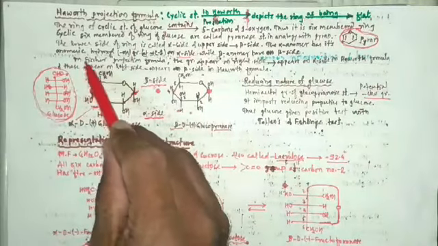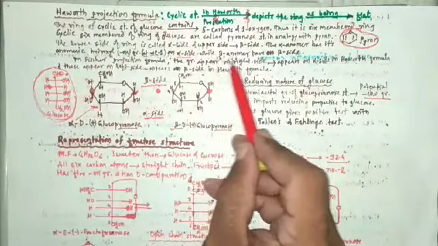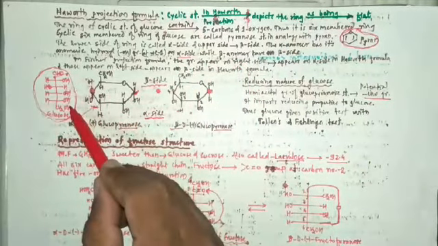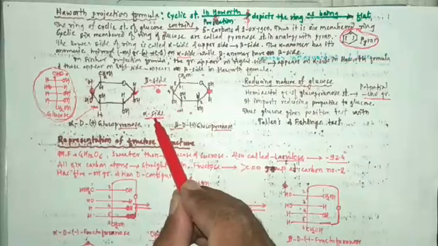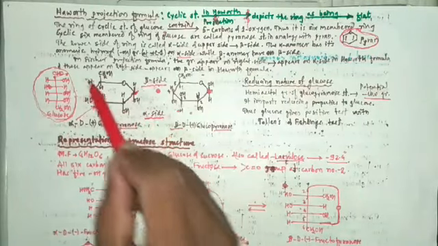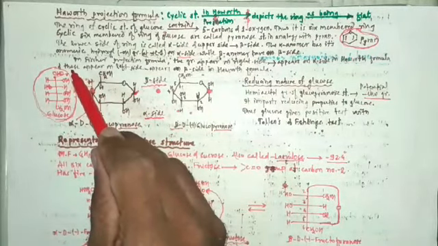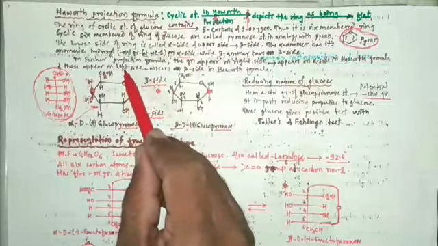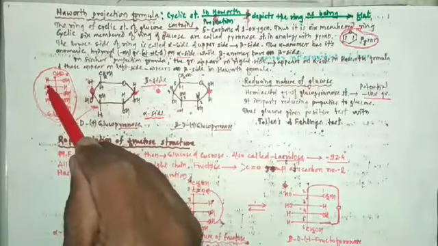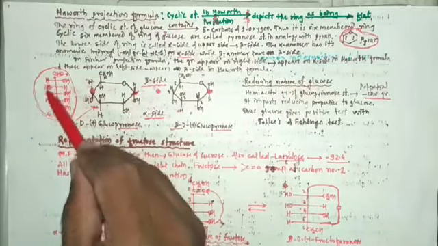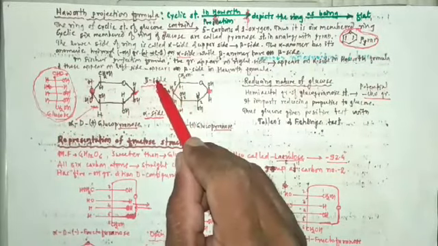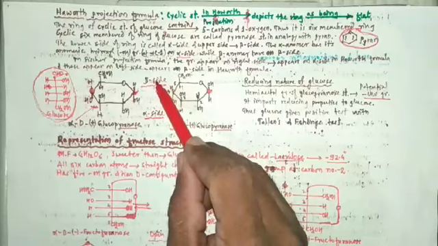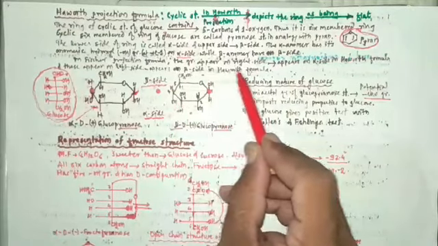So in the Fischer projection formula, the groups on the right side appear on the alpha side in the Haworth formula. On the other hand, those groups or atoms on the left side appear on the beta side, that means towards the upper side of the ring in the Haworth formula.